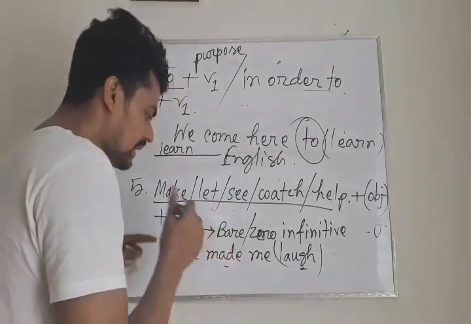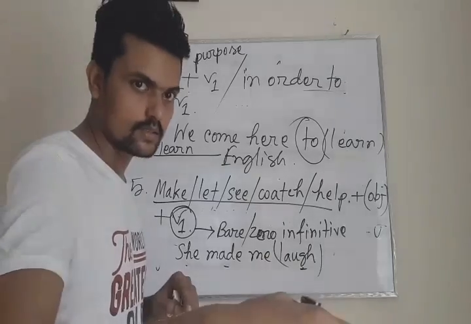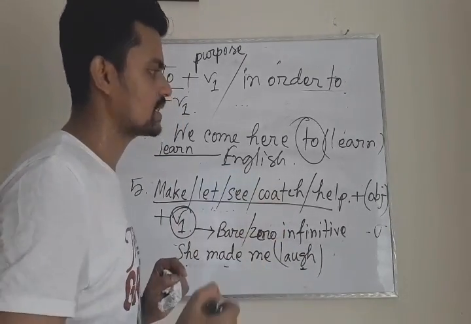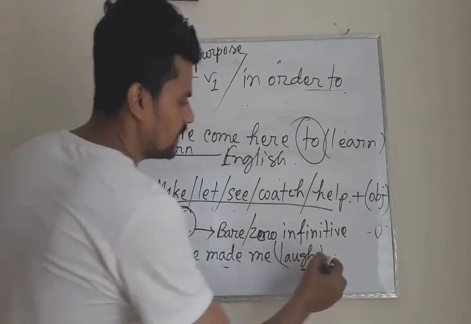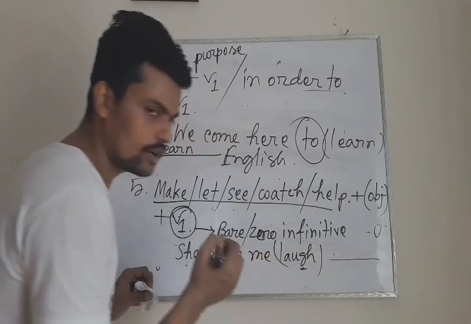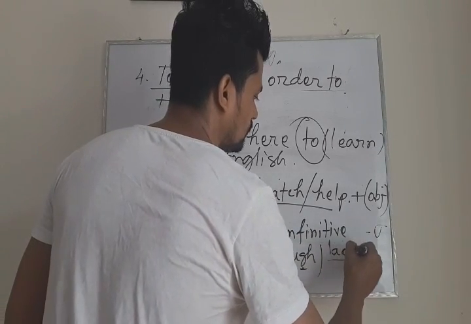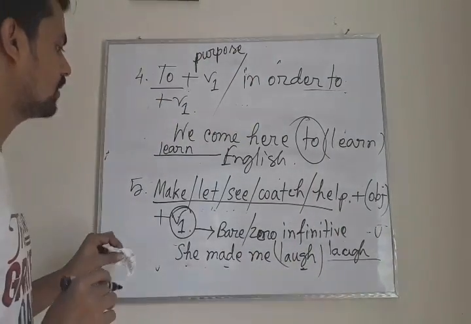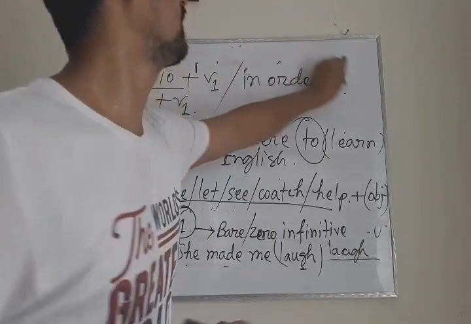Now, she made me laugh. What will be the form of the verb? Laugh, L-A-U-G-H. Only the present form of the verb.